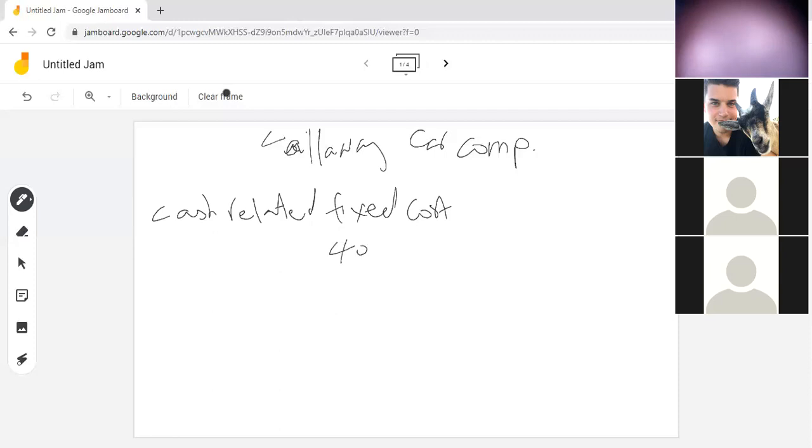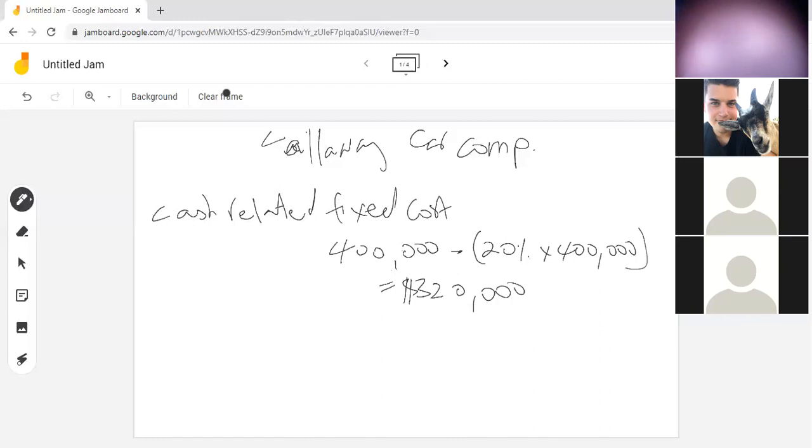So its fixed cost is 400,000, but this includes the 20% amortization. So 20% of 400,000 should give us 320,000 as our cash related fixed costs.